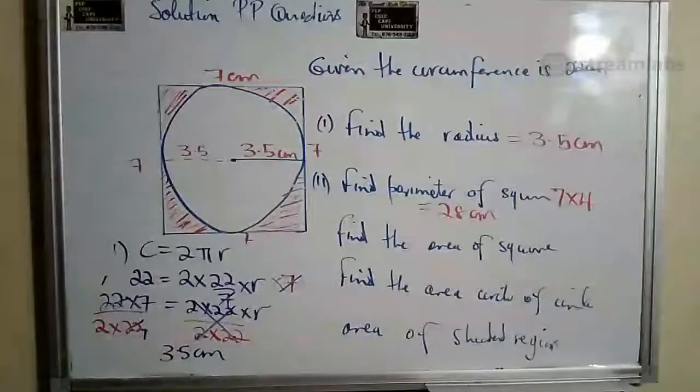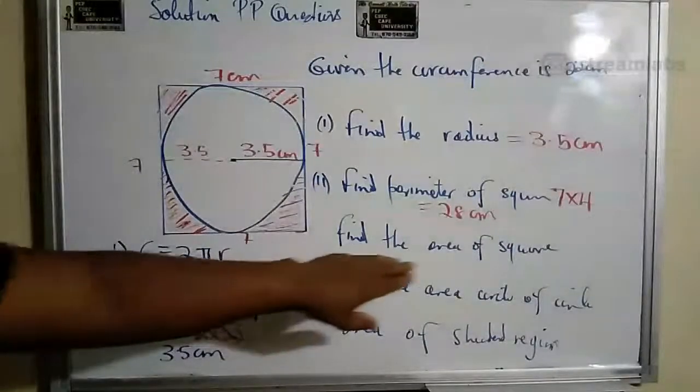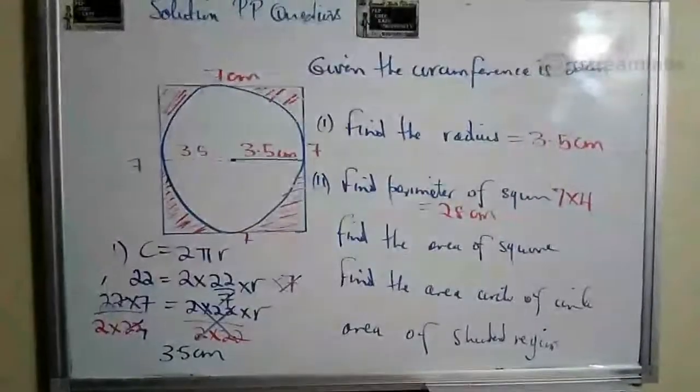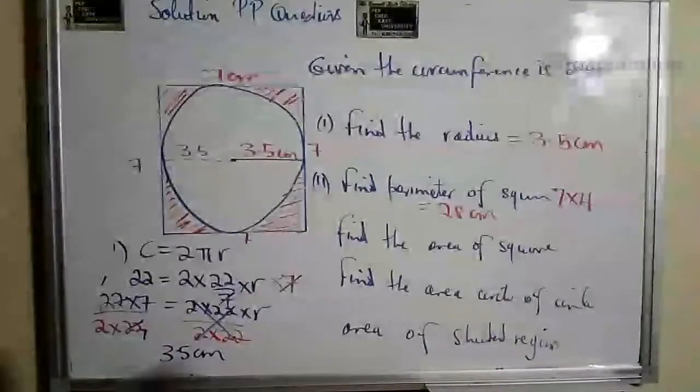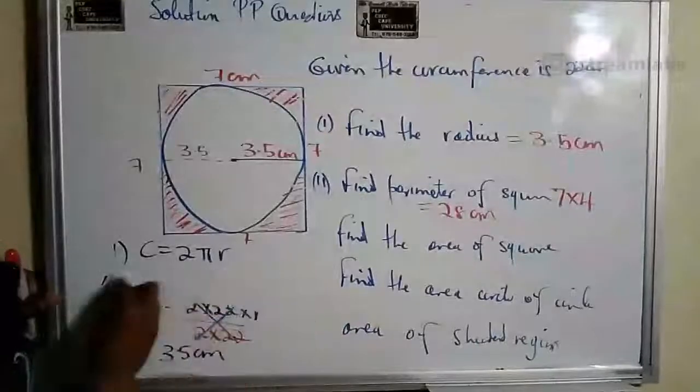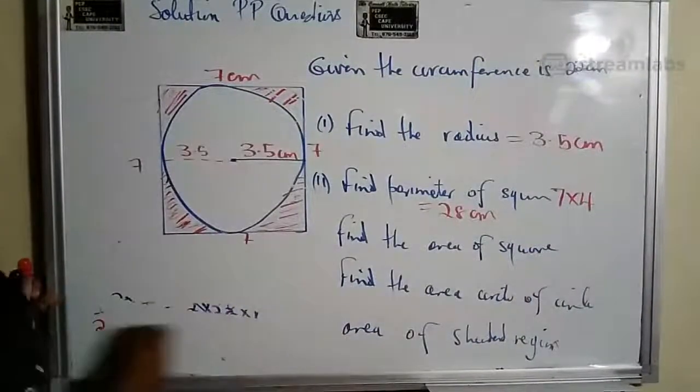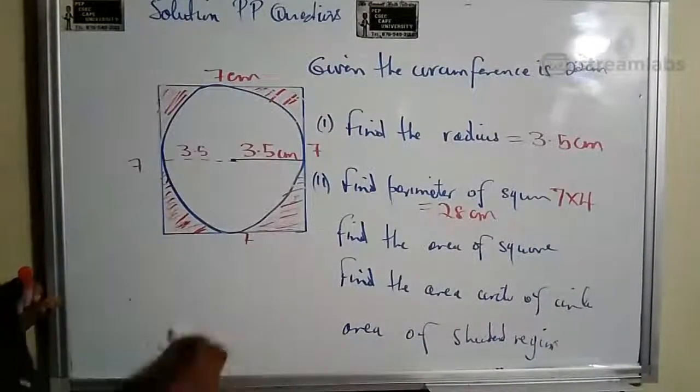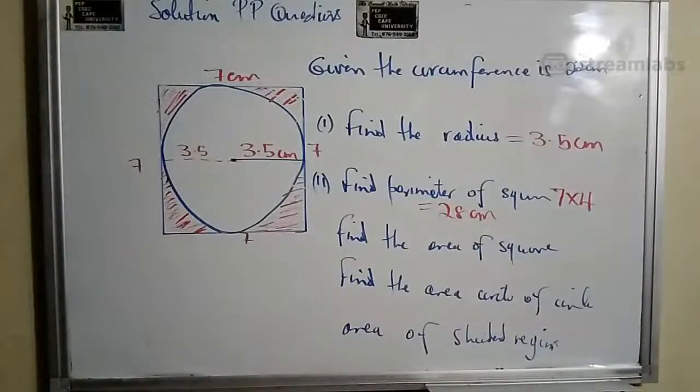Alright, so now it says find the area of the square. Now let us look at area. What is area? Area is the total number of square units it takes to cover a surface.